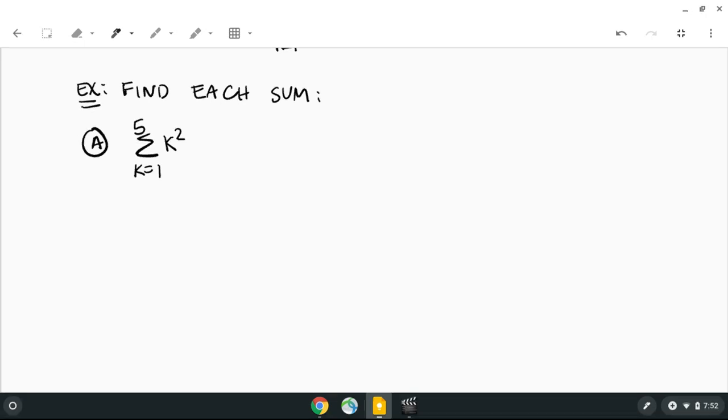All right, so let's find the first term. Remember, we have to find the first term all the way up to the 5th term: first term, second term, third term, fourth term, 5th term, and then add them all up. And to find them, we use this as our function. For the first term, I'm going to plug 1 in to here. So 1 squared.